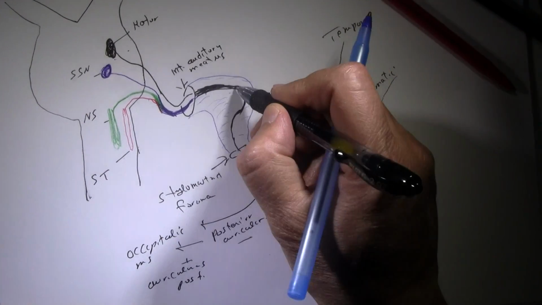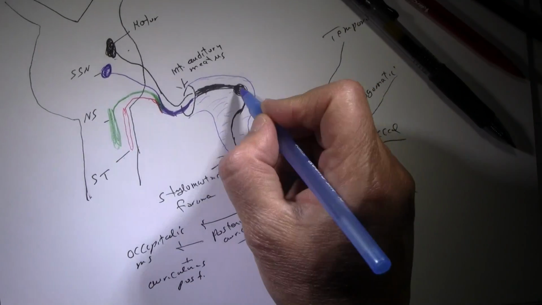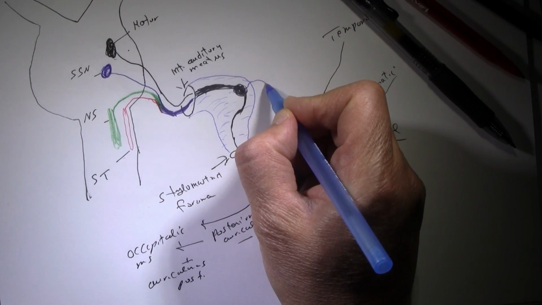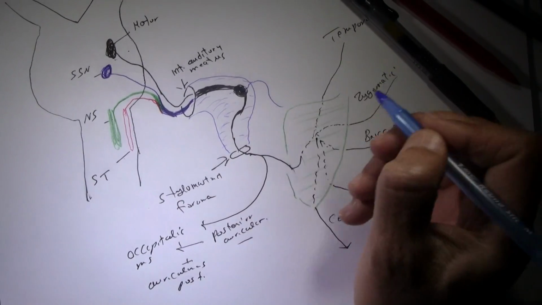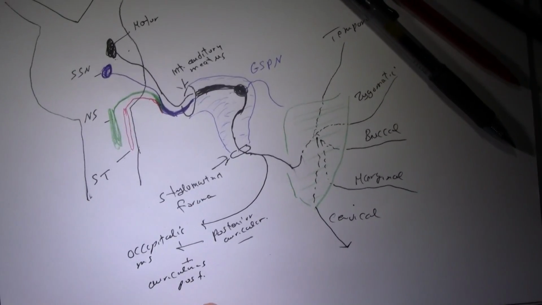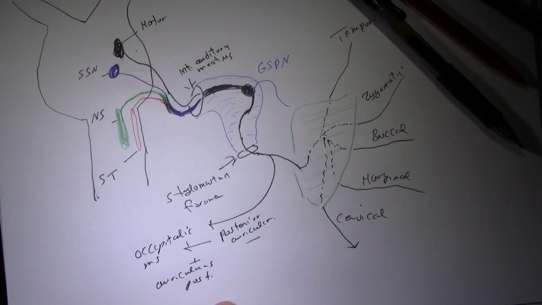It's called the geniculate ganglion because it's at the knee area. This ganglion is the origin of the greater superficial petrosal nerve. And we're going to talk about the story of the greater superficial petrosal nerve.